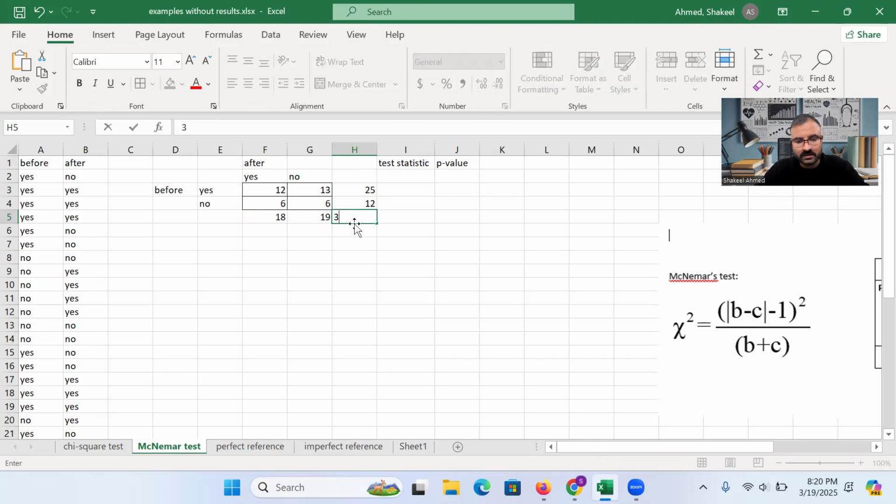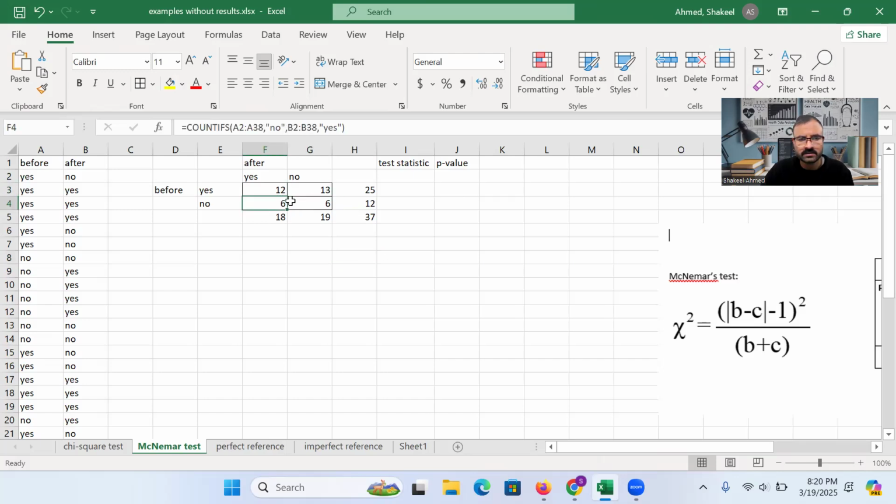And the total is again 37. But this test statistic is simpler, as we just need to use the two discordant values. These two values are called the discordant pairs, and these two values are called the concordant pairs. So we just need to use these two values.